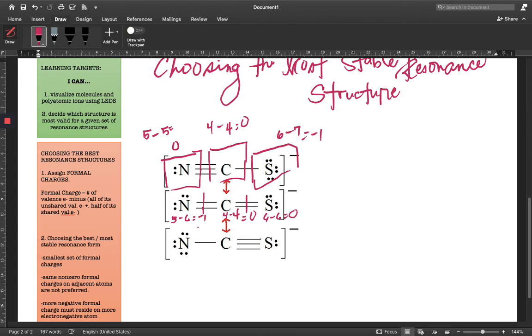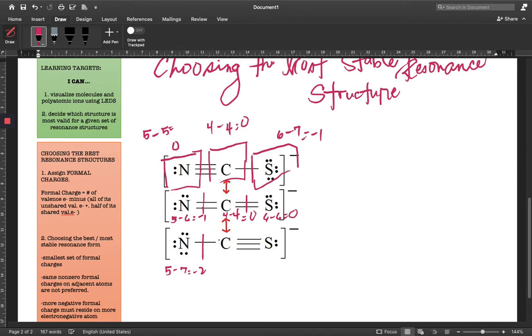All right. Now, how about the last structure? If you try to place it in a box, you have an unshared or half of a pair here. So nitrogen has 5 minus 1, 2, 3, 4, 5, 6, 7. So 5 minus 7 is negative 2, right?